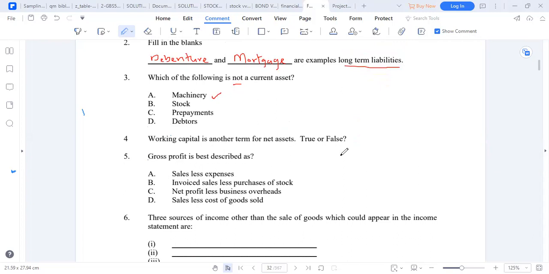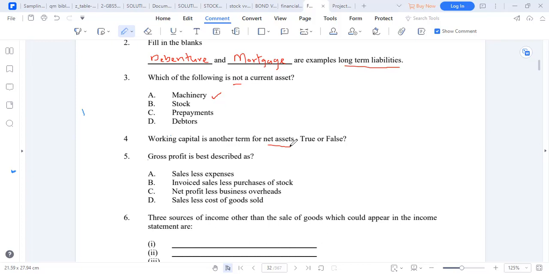Working capital is another term for net assets. True or false? It's true. Net assets is another term for working capital.